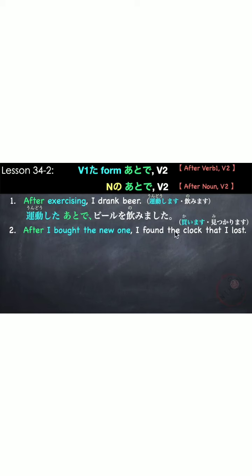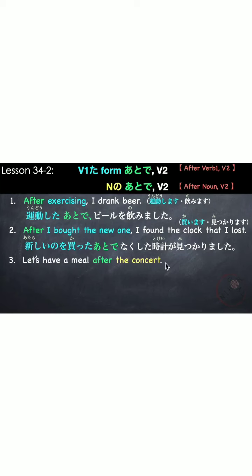So our verbs are buy, 買います and to find something, which is 見つかります。So, we will say 新しいの so the new one 新しいのを買った, ta form of 買います。新しいのを買った後でなくした時計が見つかりました。Another example is using a noun.